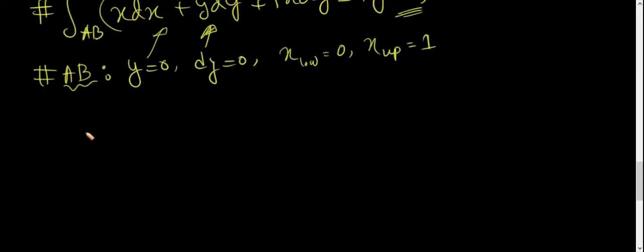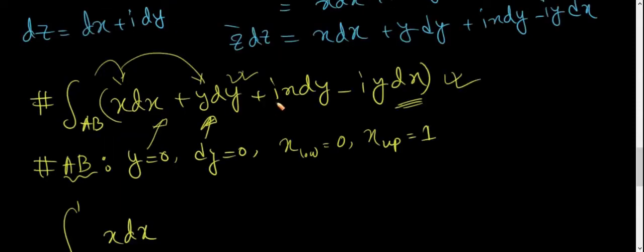So this will be 0 to 1 because x is changing, and this x dx term will be there. Y is 0, so this part won't be here, and dy is also 0, so this part won't be here. And then again this part contains another y, but y is 0, so this part won't be here as well.